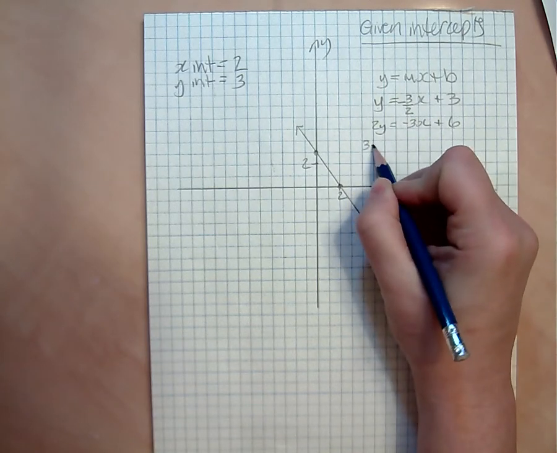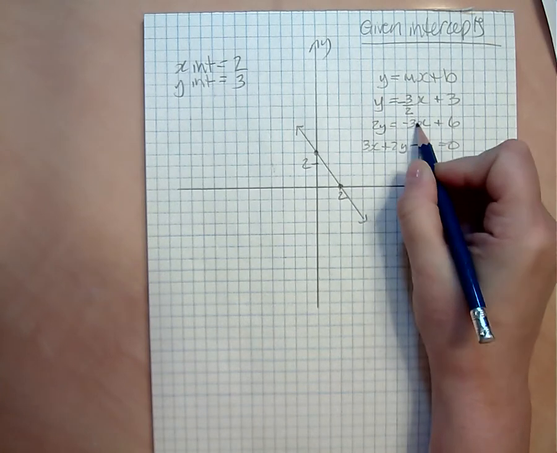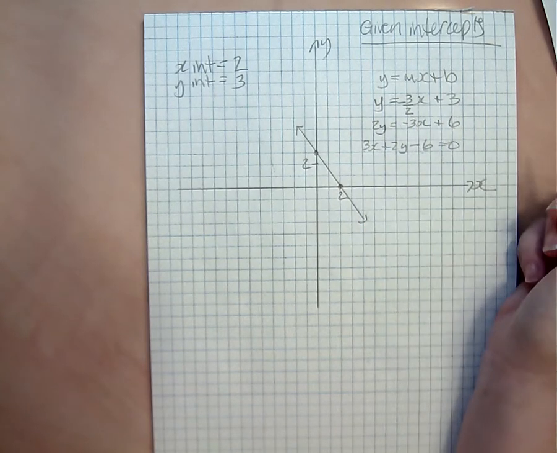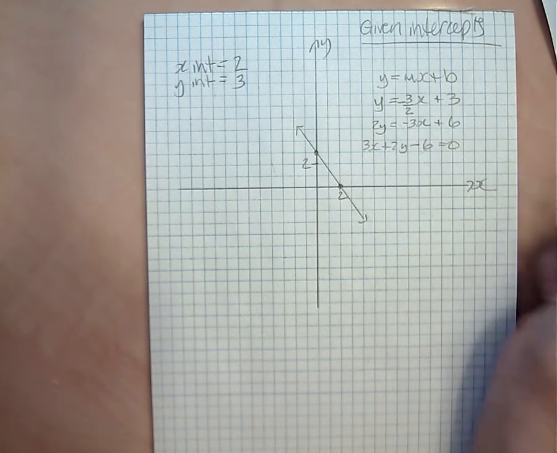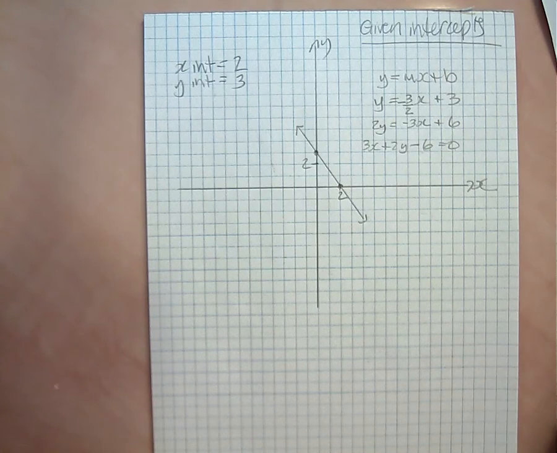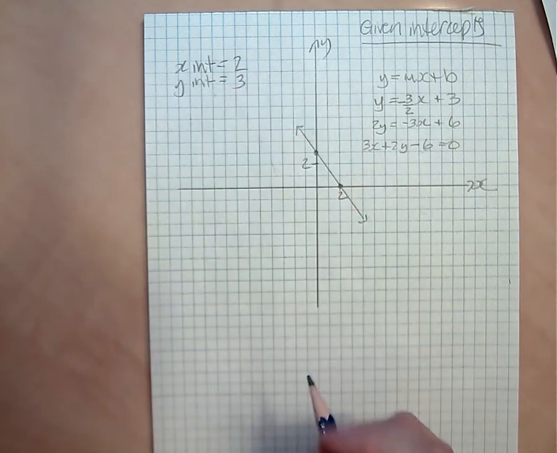So I've got 3x plus 2y minus 6 equals 0, because that changes sign and that changes sign when I bring it over, and then I put it in x, y, constant equals 0, and I'm done. Ba-boom!